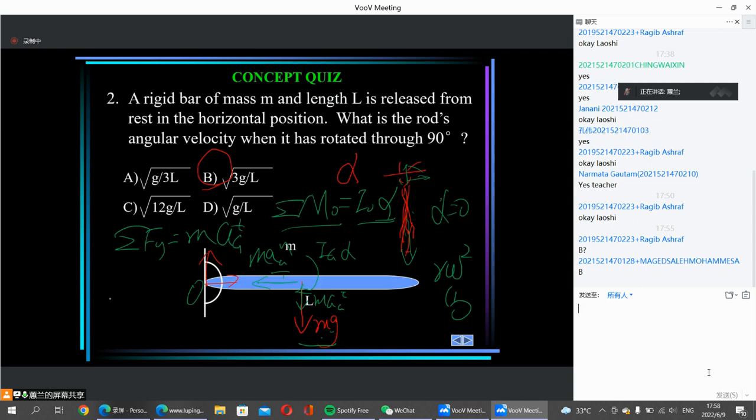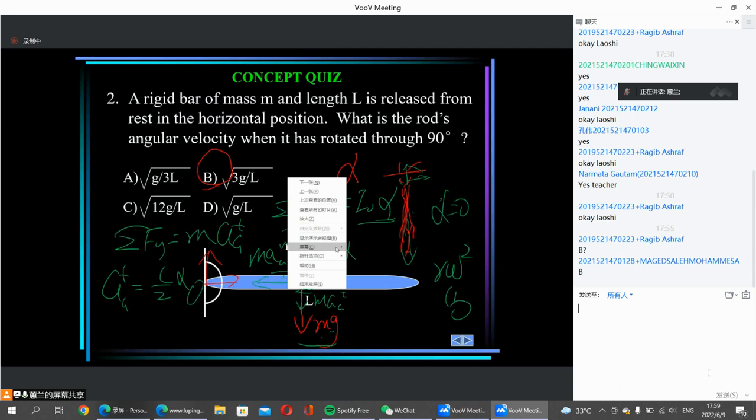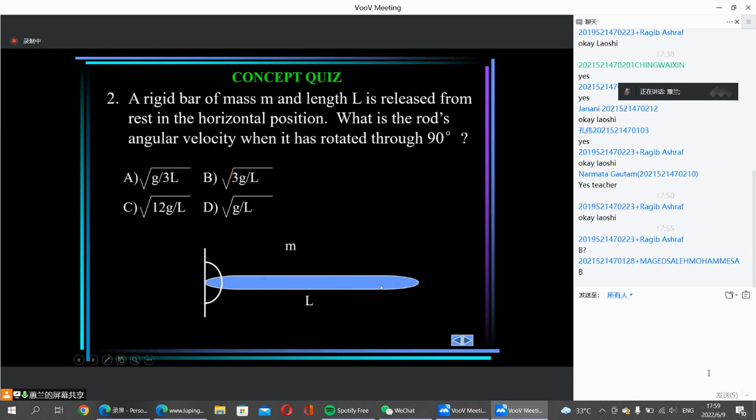And a_G tangential is equal to the radius, half the length, times the angular acceleration. Angular acceleration you already figured out using the moment equation.